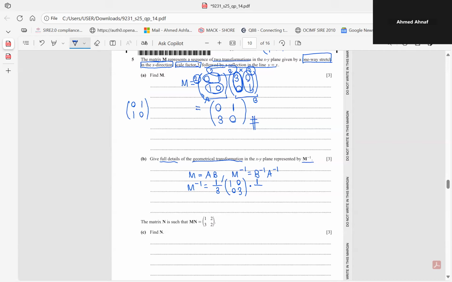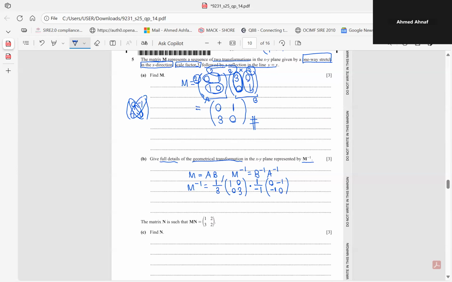Okay, so 0 times 0, that's 0, and then minus 1 times 1, that's minus 1. And then times, you swap these elements. So this is 0, 0, and then you multiply the other elements by negative 1.